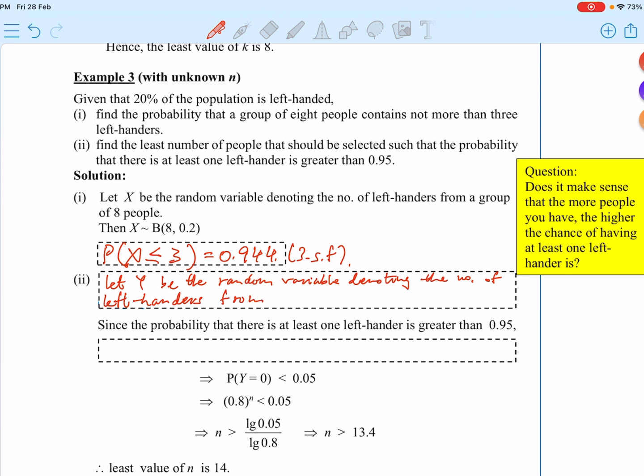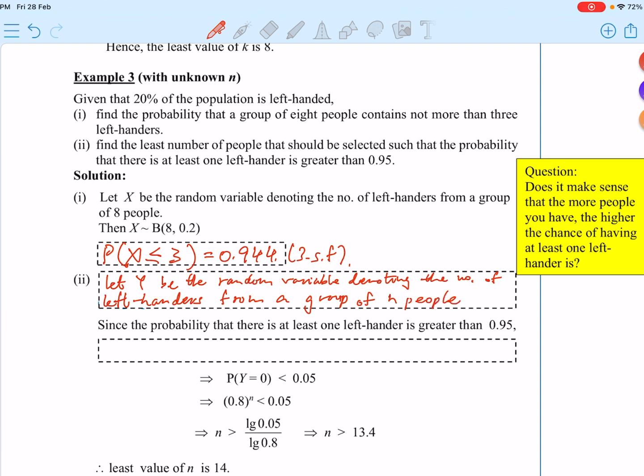You are looking at out of how many? We are supposed to find the least number of people, and we do not know what that number is, so we can let it be n. So from a group of n people.